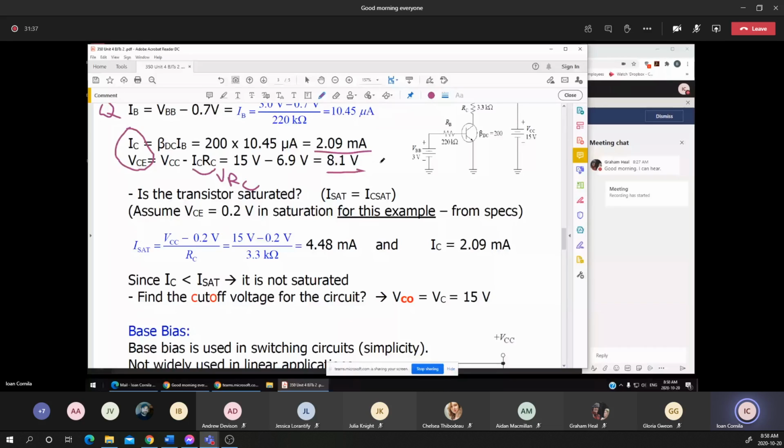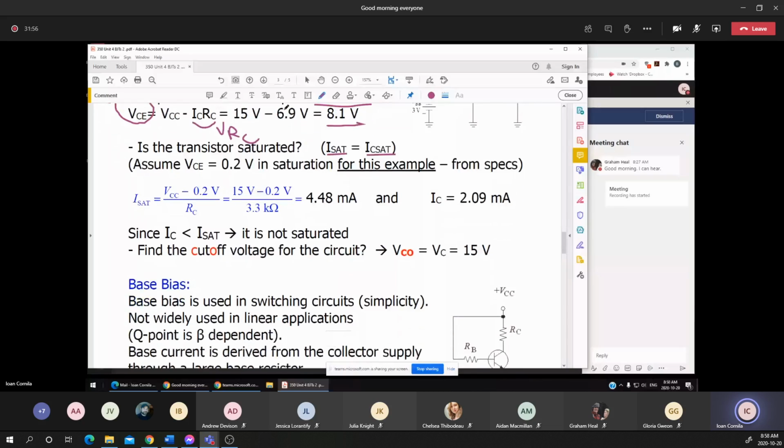The question is, how can we determine if the transistor is saturated or not? Again, sometimes you'll see the IC sat, the saturation collector current, or simply the I sat. I'm making the assumption, and keep in mind, that for this example we are using the VCE sat as 0.2 volts.